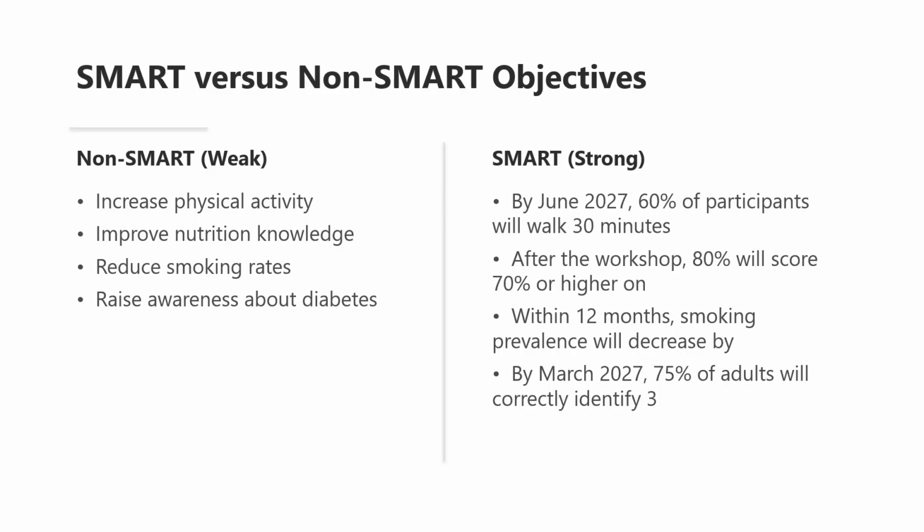If both are present along with a specific population and behavior, you are likely looking at a SMART objective. And here's a quick strategy I want to give you for exam day. Read each answer choice and mentally check off each SMART letter. If any letter is missing, that option is not a complete SMART objective and you can eliminate it immediately. That approach will save you time and boost your accuracy.